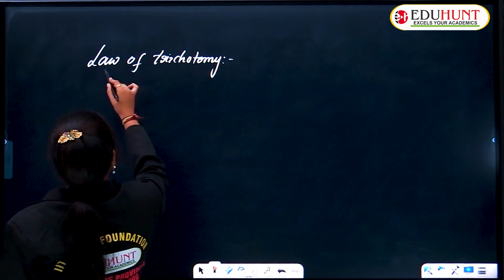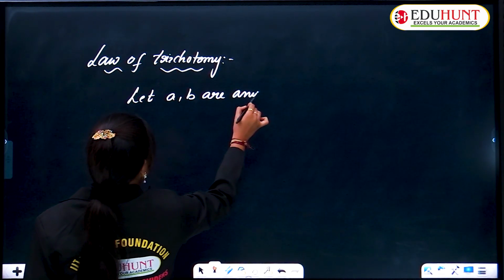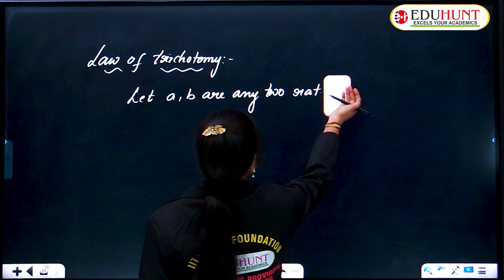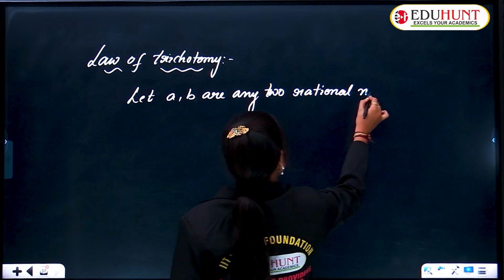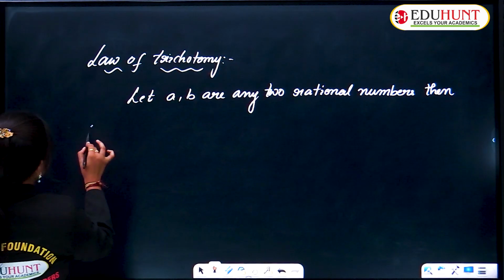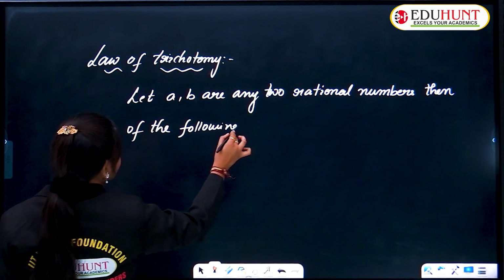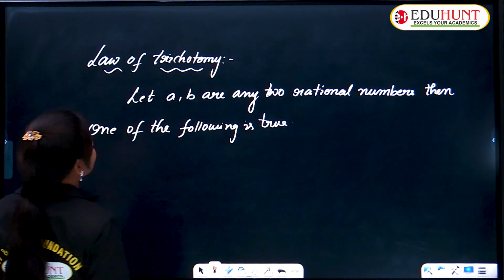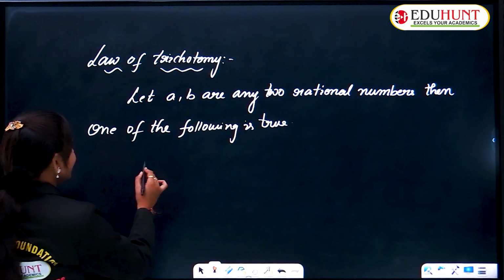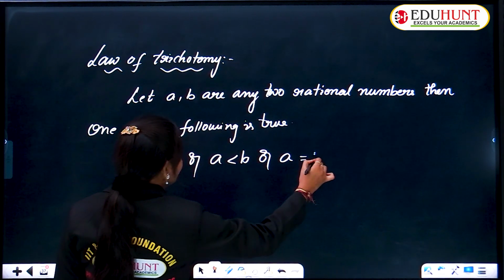Let A and B be any two rational numbers, then one of the following is true: either A is greater than B, or A is less than B, or A is equal to B.